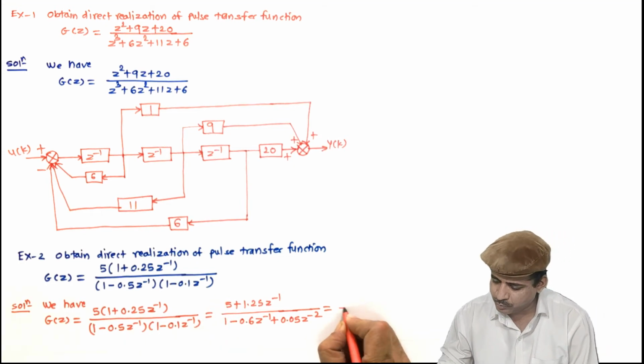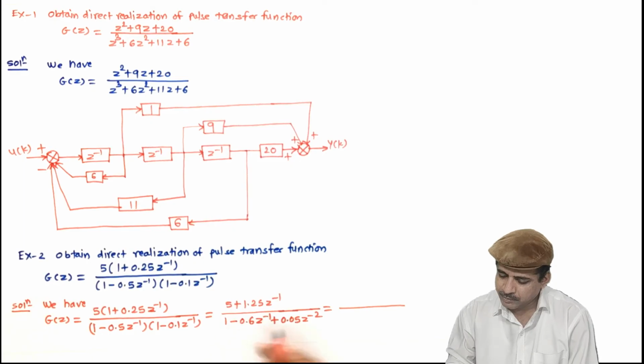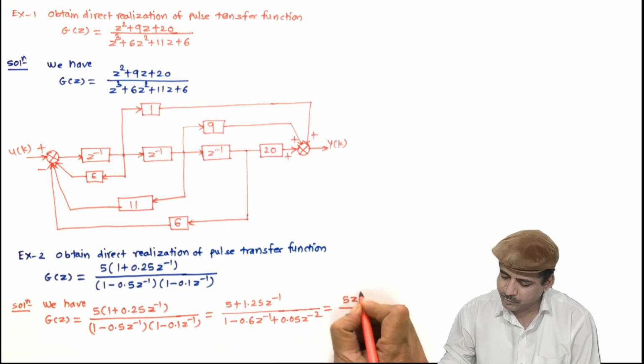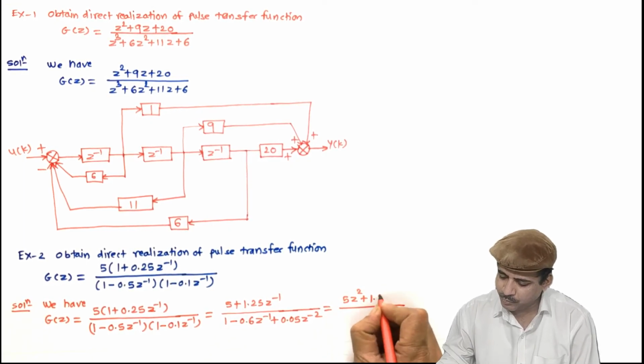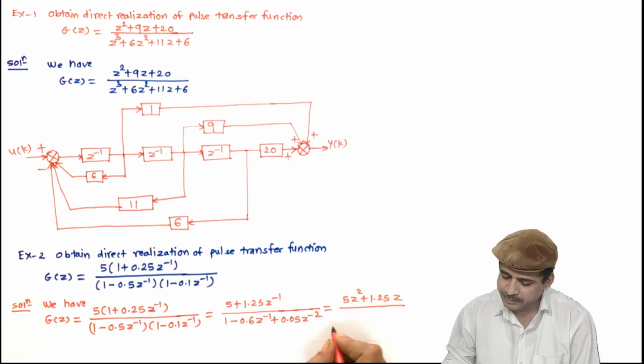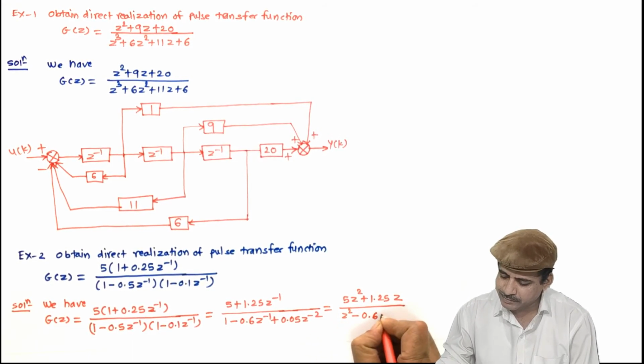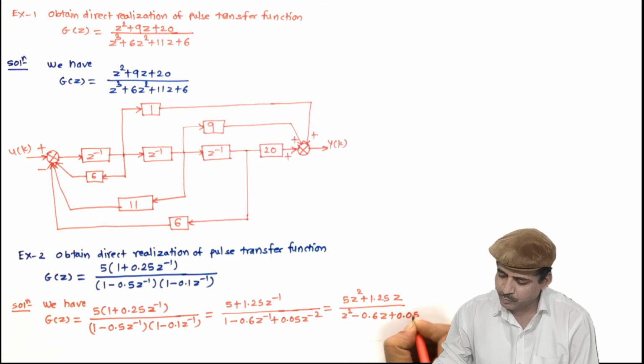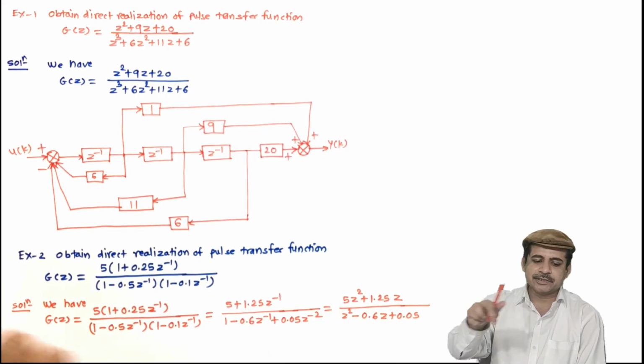So this will be equal to 5z square plus 1.25z divided by z square minus 0.6z plus 0.05. And now I have to realize this.